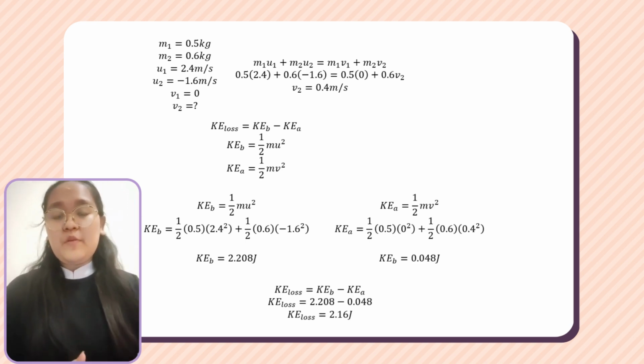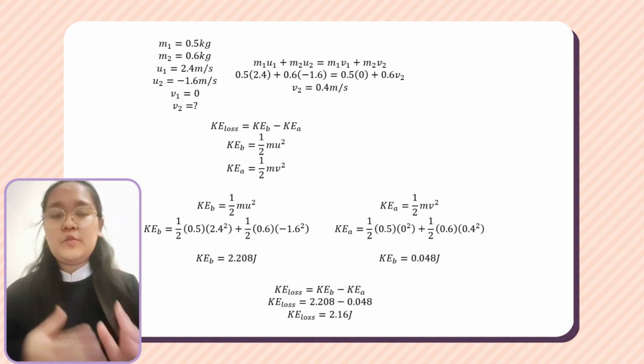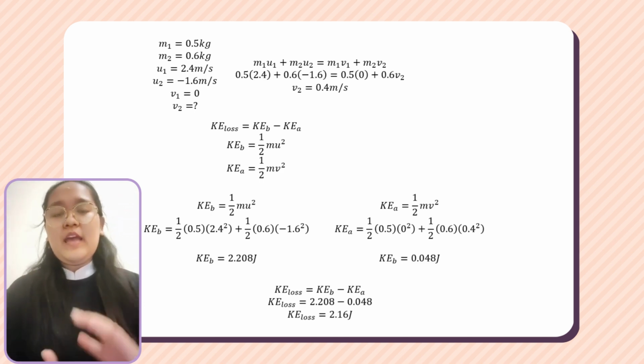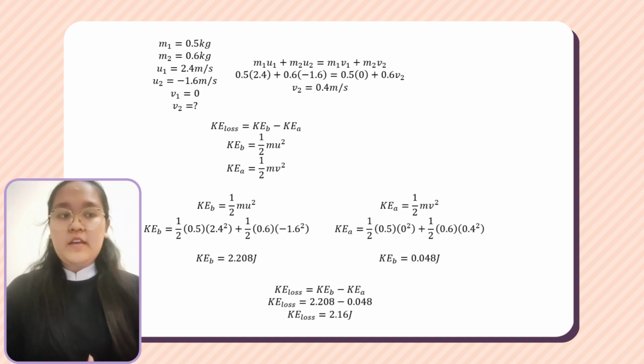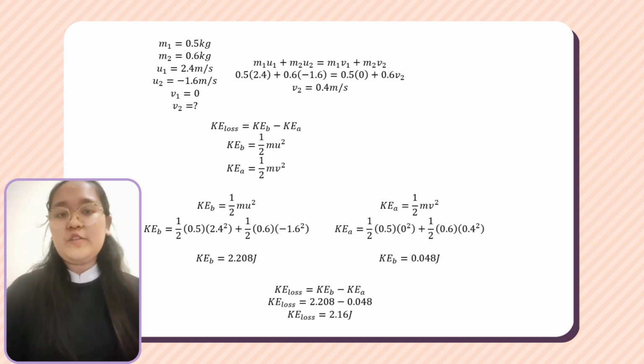Next, we find our kinetic energy after, which equals 1/2 mv squared. Then we substitute all the information into the formula, which gives kinetic energy after equals 1/2 times 0.5 times 0 squared plus 1/2 times 0.6 times 0.4 squared. And then we calculate it, we get kinetic energy after equals 0.048 joules.